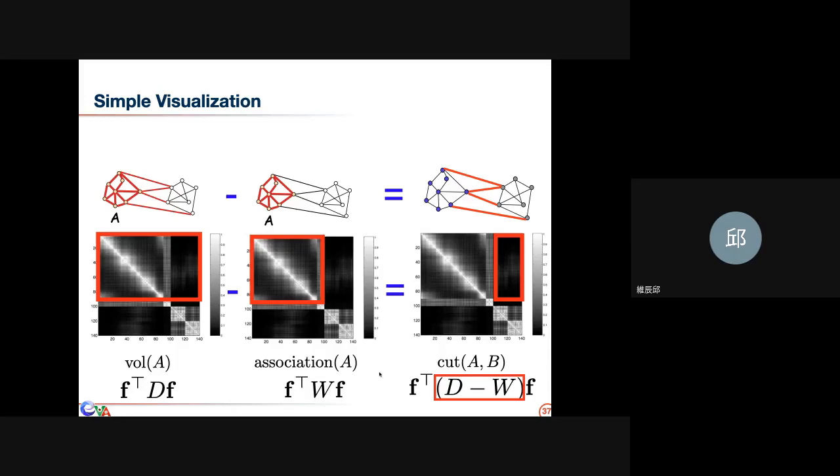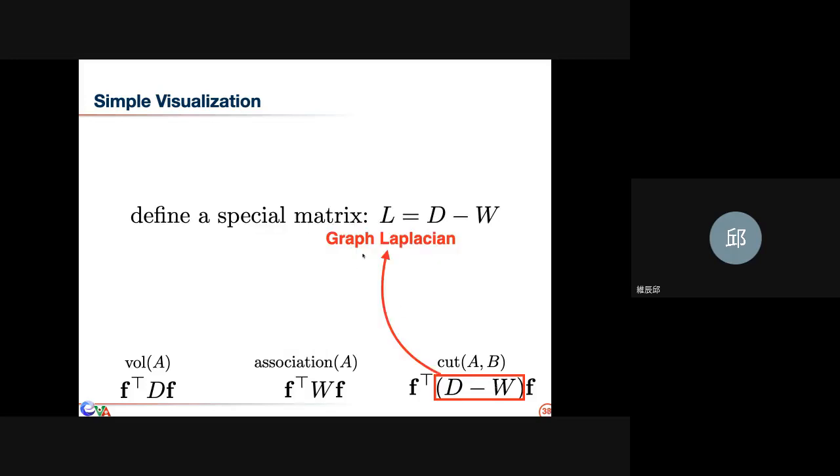Okay, so basically here, D minus W, the degree matrix minus the similarity matrix, this term has another name. It is the so-called graph Laplacian. So we define a special matrix L, which is computed by the degree matrix minus the similarity matrix.